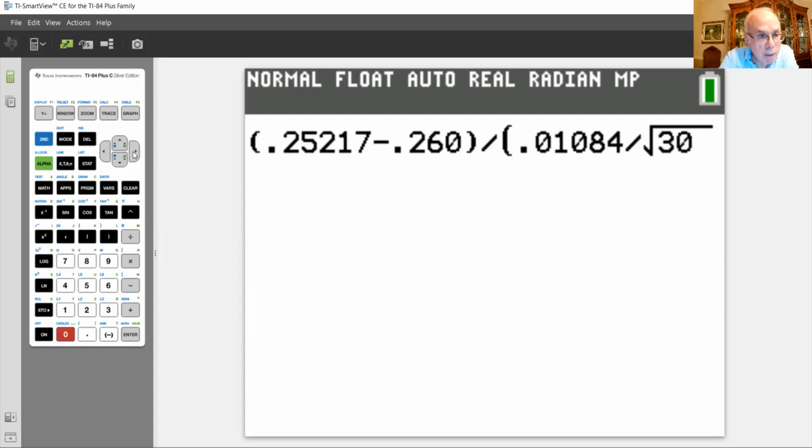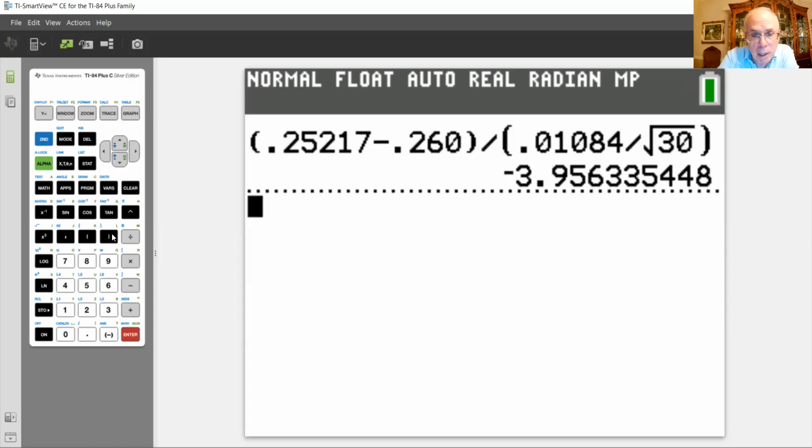Use the right arrow button to get out of the square root, close the parentheses, and hit enter. And there's our test statistic. T is equal to negative 3.956 and so forth. We're going to store that in alpha A.